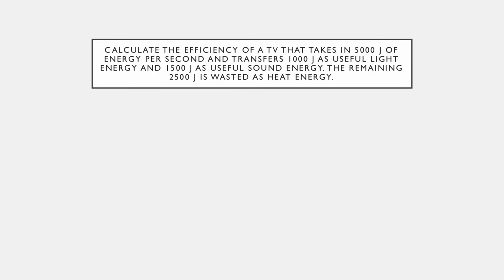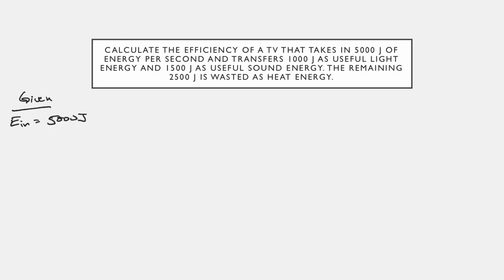Okay, so our last example says calculate the efficiency of a television that takes in 5,000 joules. So the E in is 5,000. And it transfers 1,000 joules as useful light energy, 1,500 joules as useful sound energy, and the remaining 2,500 is waste.